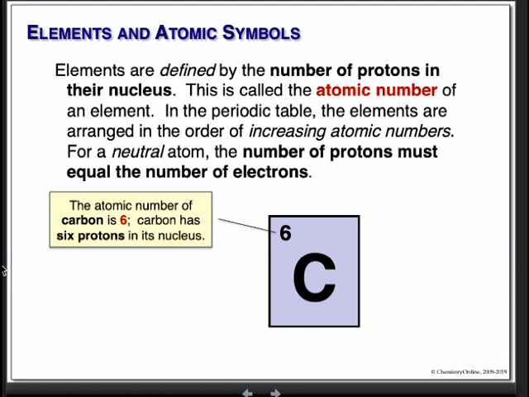The only thing that defines what an element is the number of protons. Doesn't matter how many neutrons, doesn't matter how many electrons. If something has 6 protons, it's a carbon. We show this as the atomic number on our symbol.